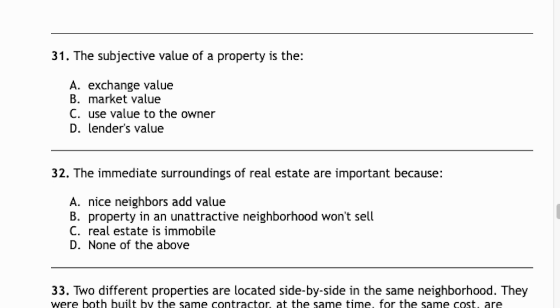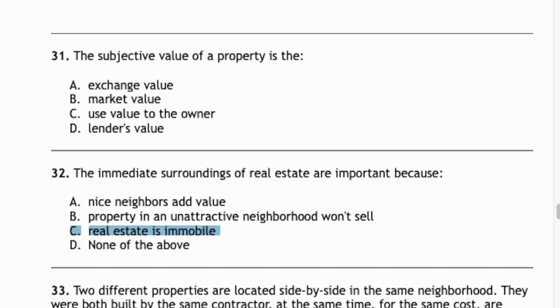The answer, even though they all sound like good answers, is C, real estate is immobile. The reasoning is that real estate is immovable by nature and cannot escape its immediate surroundings. This is important because the surroundings will have a direct impact on the value of a property.